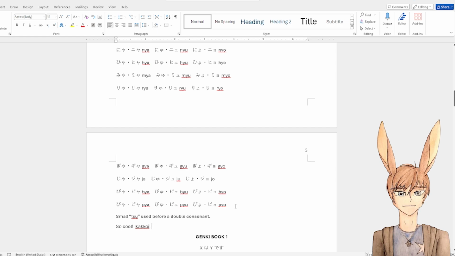Oh, it's raining outside. As I showed earlier, n is the only sound in Japanese that ends with a consonant. So if you want to write kakkoi, then you use a small tsu before the consonant that needs to be doubled.